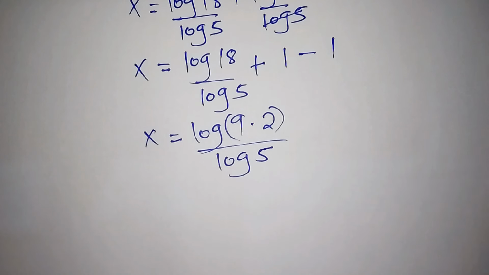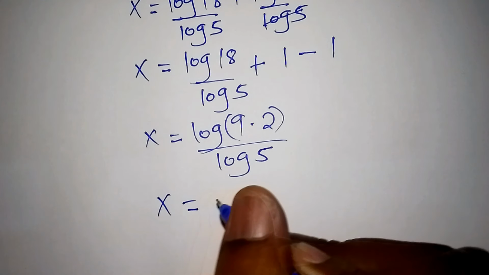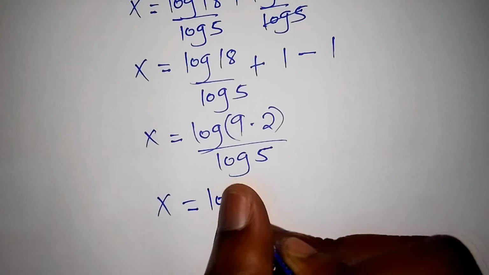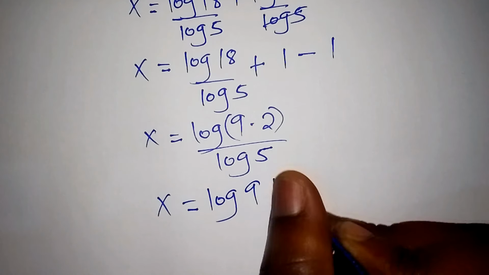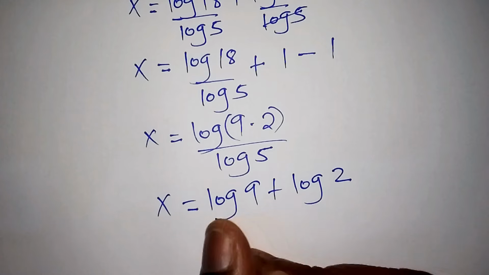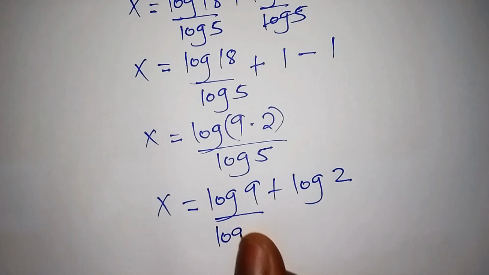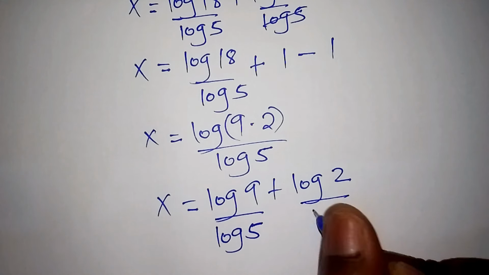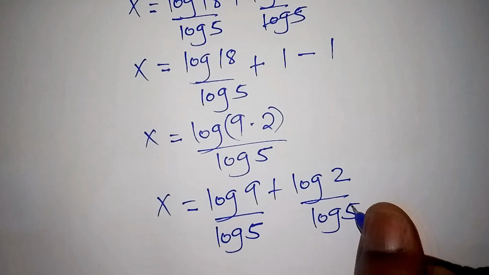So next we shall say that our x is equal to the log of 9, then plus the log of 2, then all of them all over the log of 5.